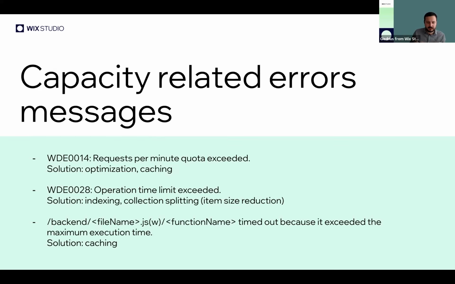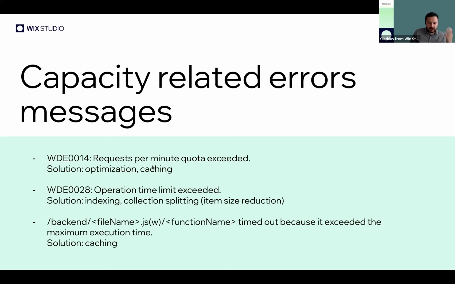Again, because we're seeing that more and more big sites, data-heavy sites, are getting built on Velo. But also, the first thing to do should be looking at optimization techniques. Can I add indexes? Can I run queries in a smarter way? Can I run less of them? Can I pre-build other collections to make my data querying faster, more efficient?